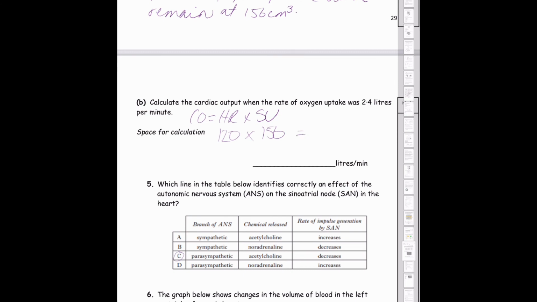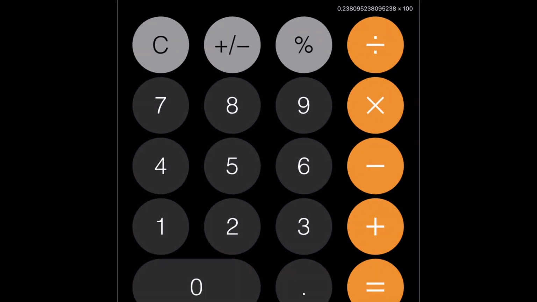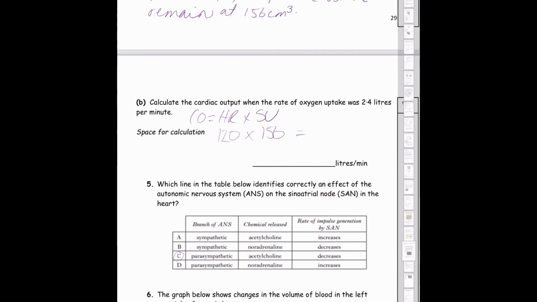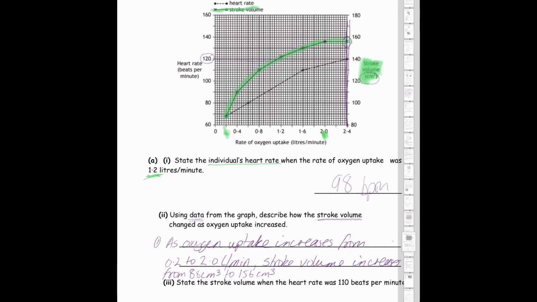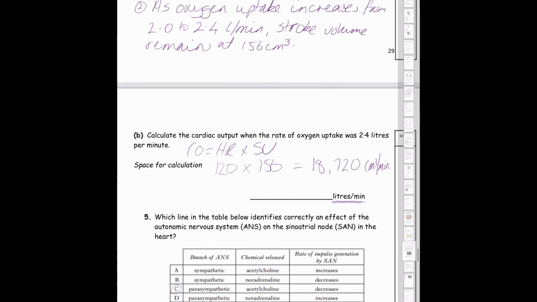Okay, so 120 times 156 is 18,720. Now we have to notice that the units of the answer are in litres per minute, and that will be in cubic centimetres, because the units on the graph are cubic centimetres. Okay, so we then have to divide by 1,000 to give us 18.72 litres per minute.